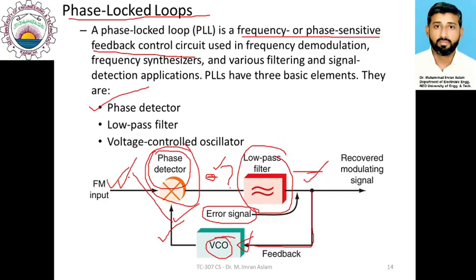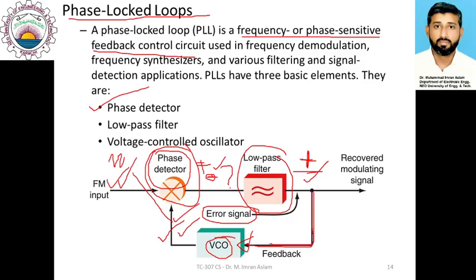So say, for example, the incoming FM signal has a higher frequency compared to the VCO signal. The phase detector would generate a positive signal. So eventually you will have a positive signal at this low pass filter.